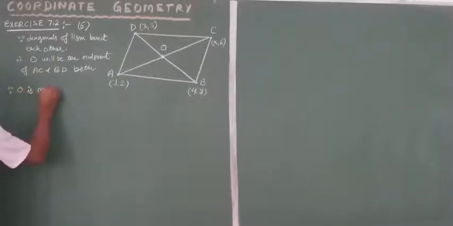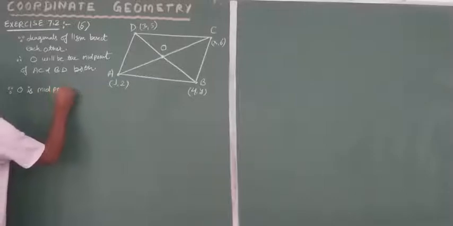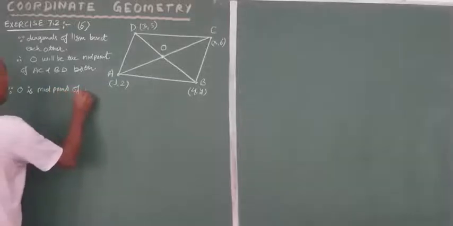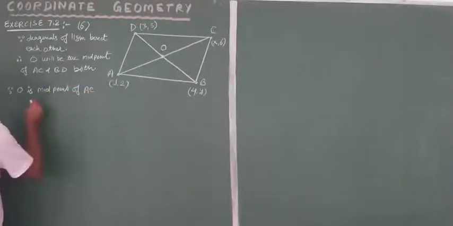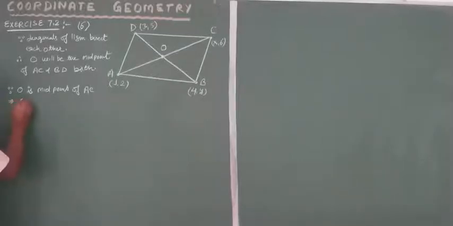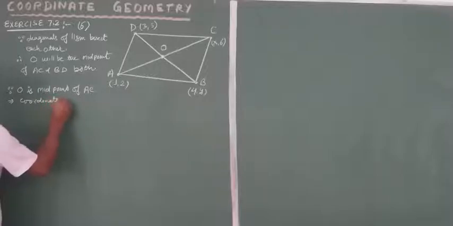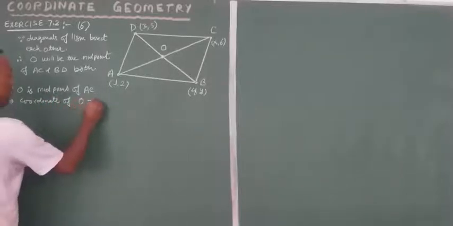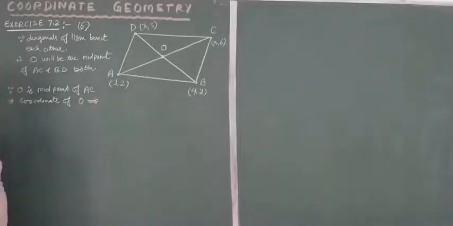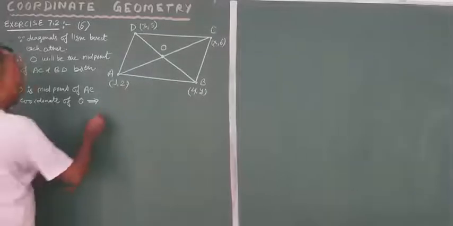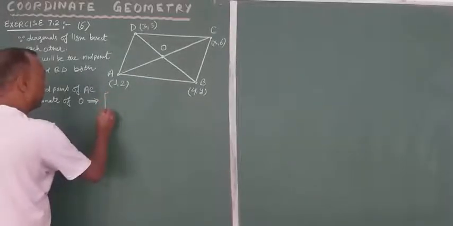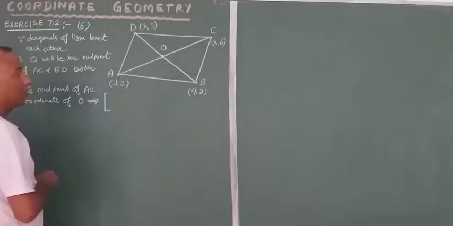Now, using the diagonal AC, since O is the midpoint of AC, therefore coordinate of O with the help of midpoint we will solve them. So what is the coordinate of midpoint? (x1 plus x2) upon 2.